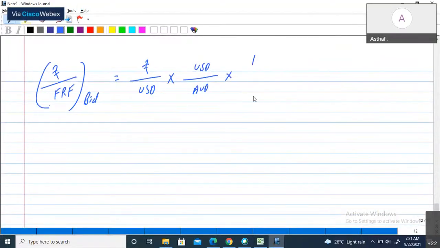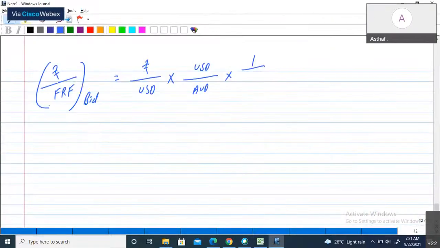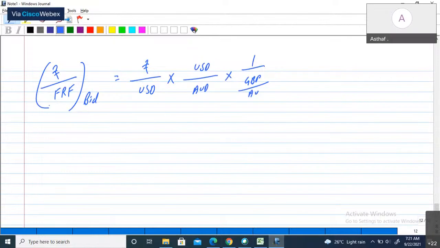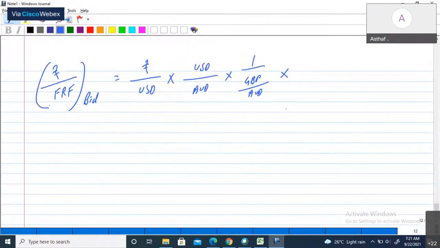1 divided by AUD. Now we have to multiply with GBP. Generally, we require the formula as already given in the answer.